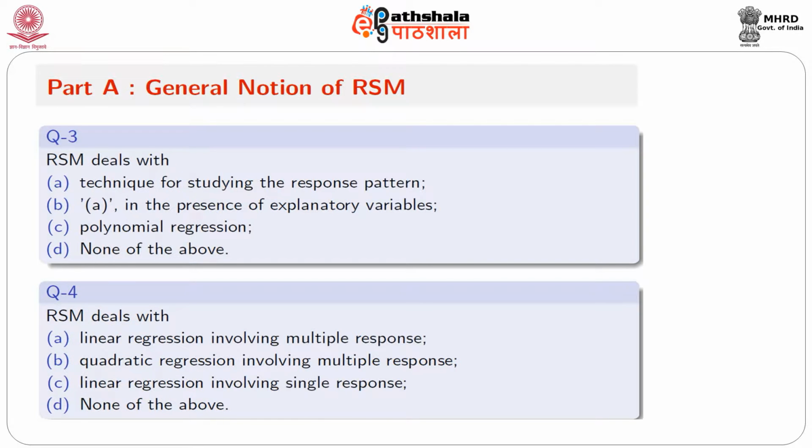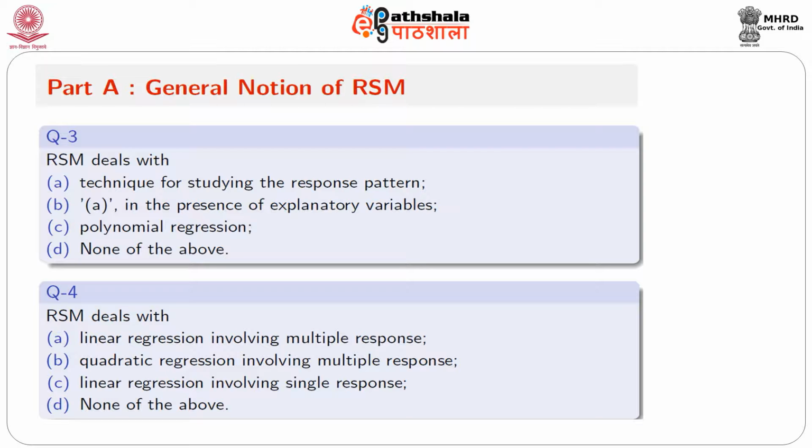Next. So here is the next one. RSM deals with a technique for studying the response pattern in the presence of explanatory variables, or polynomial regression, or none of the above. So you can see that we are slowly heading towards the closest understanding of the definition of RSM.